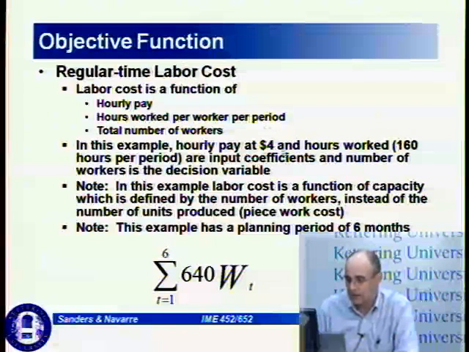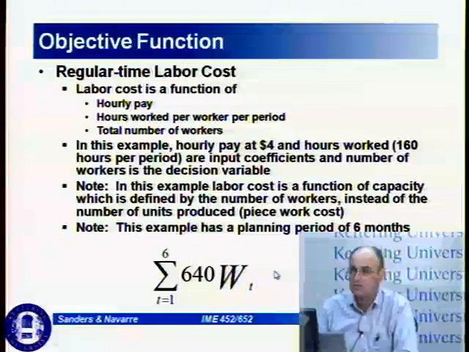So we have $4 per hour multiplied by 160 hours per period. That's 640 times each worker hired. So each worker available times 640 will become our regular time labor cost.